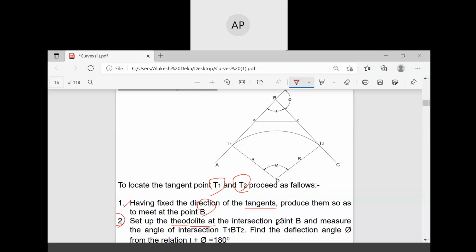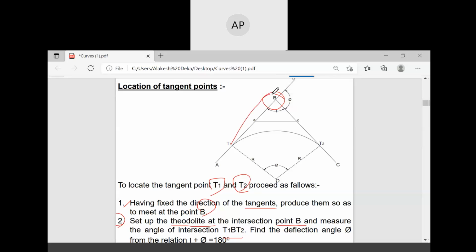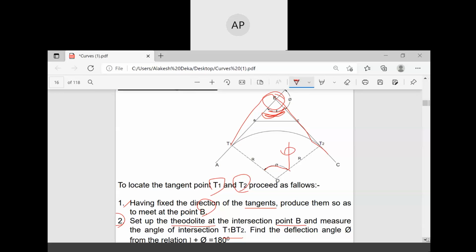Set up the theodolite at the intersection point B. Measure the angle of intersection T1 B T2, this angle you have to measure. Find the deflection angle phi. This is your deflection angle, and the deflection angle is always given as phi.